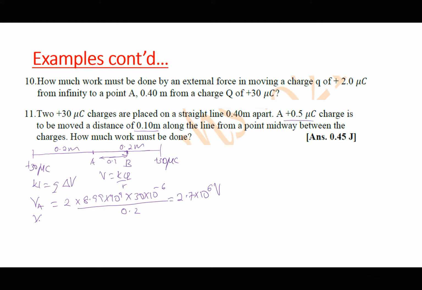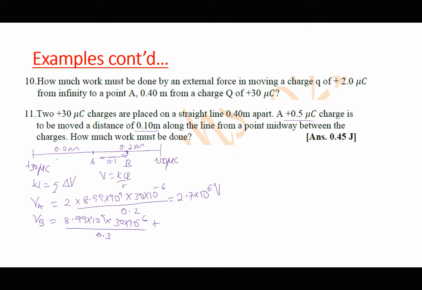Then potential at point B will be potential caused by this charge, 8.99 times 10 power 9 times 30 times 10 power negative 6 divided by 0.3, plus potential caused by the other charge.